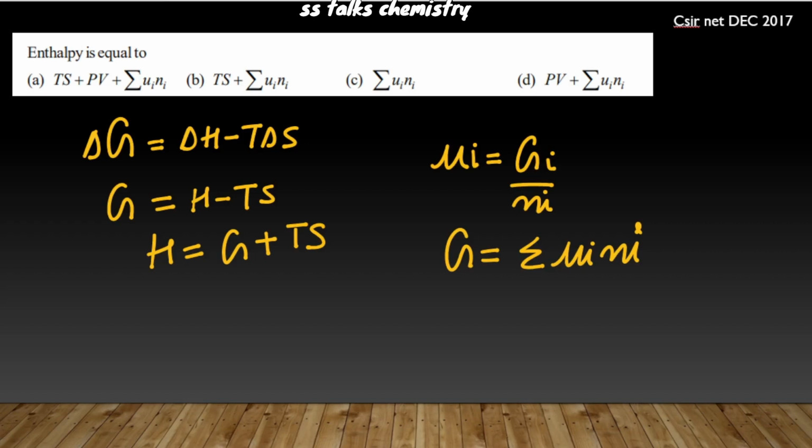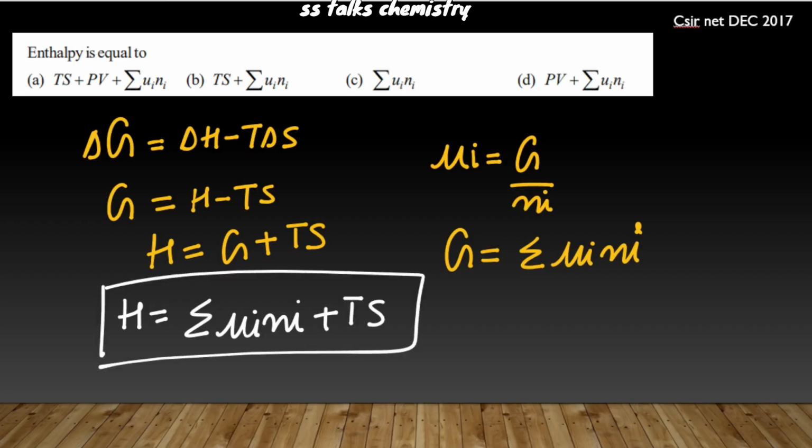The substitution can be made like this, because based upon the number of ith components that you are adding, what change in the Gibbs free energy there is, that is what the chemical potential denotes. If n number of i components we are adding, all of this will be contributing to the Gibbs free energy factor, right? So H can be written as the summation of mu i into Ni plus TS. So this is going to be the enthalpy, right?